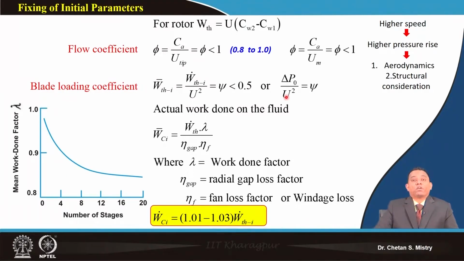If you recall, we have plotted the graph for the performance of a single stage axial flow compressor, where on the x-axis we have defined phi as Ca by u tip, and on the y-axis we have defined the loading coefficient, that is delta P0 by half rho u square, and for both we are selecting tip.